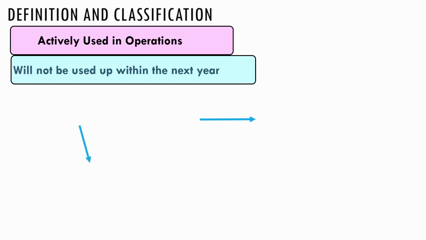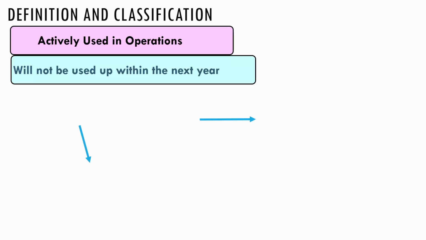So if a company were to buy something that is a long-lived asset that's not going to be used up within the next year, say it's an automobile, when they purchase this automobile, if they're not going to start using the automobile in the next year, it would be an investment.